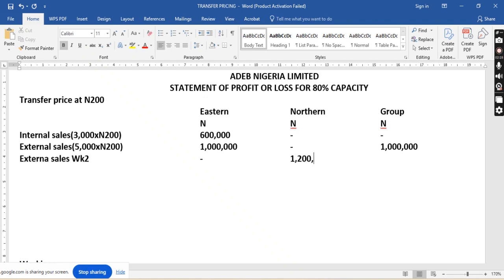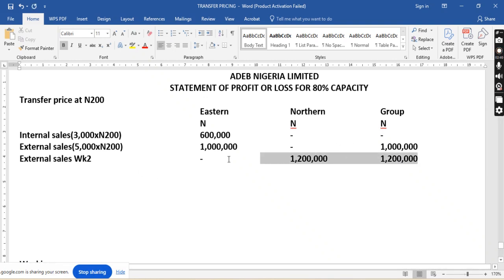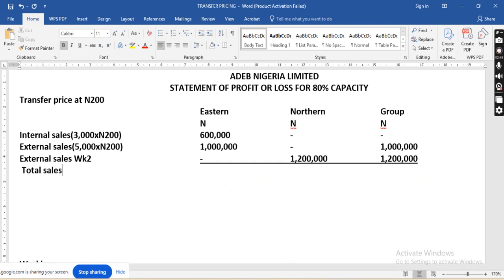1.2. So this is 1.2, right? So if this is established, so we need to, what is the total? We need to have our total sales. Total sales.